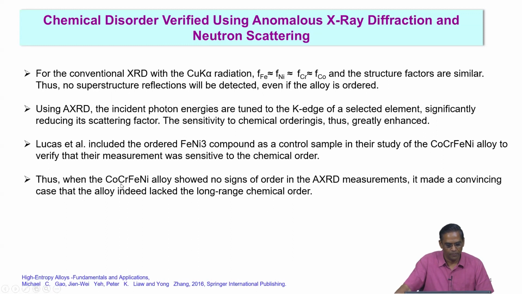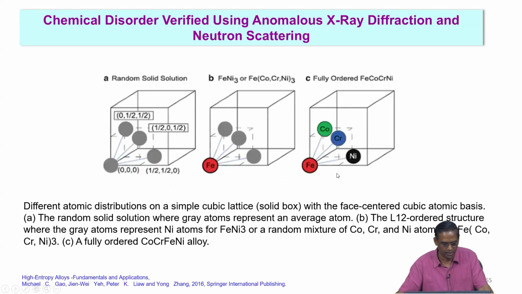When the cobalt, chromium, iron, nickel alloy showed no signs of order in the anomalous XRD measurement, it made a convincing case that the alloy indeed lacked long range chemical order. So, that is one kind of idea.